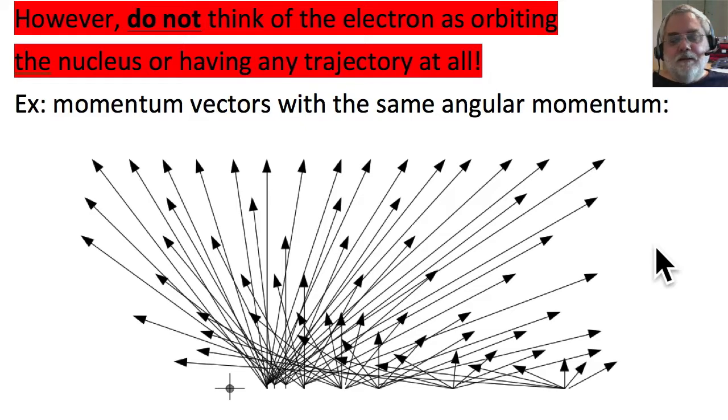In fact, in quantum mechanics, not only are there not orbits, there are not trajectories.